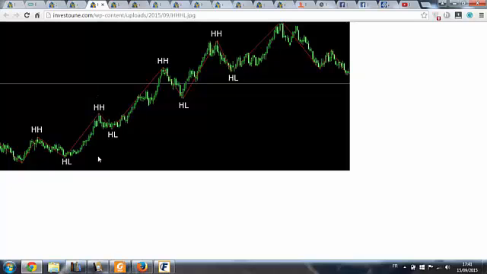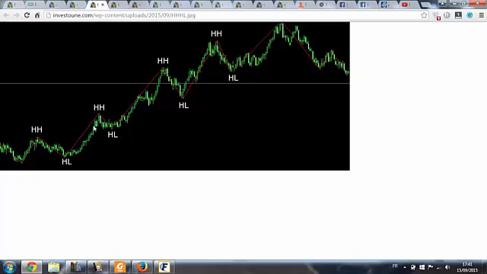If you are in an uptrend, the higher high is here and the higher low is here. The next higher high is confirmed by a huge impulsive move here. The huge impulsive move surpasses the first higher high to be validated.